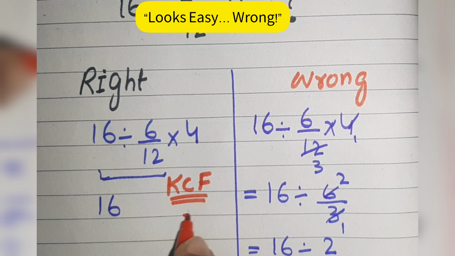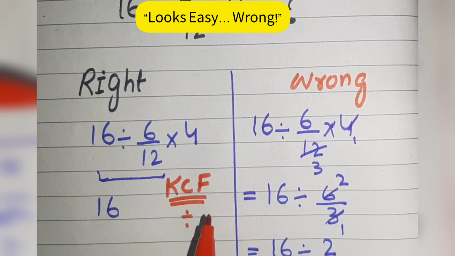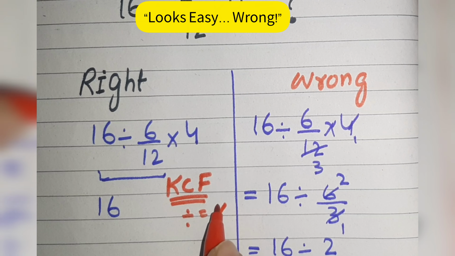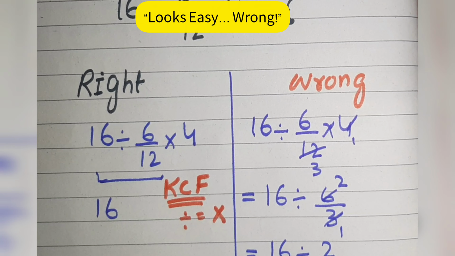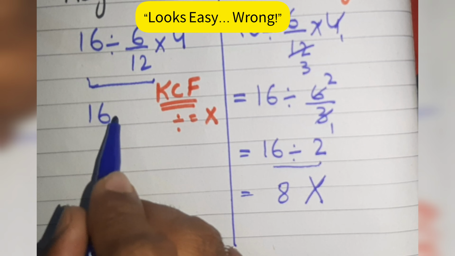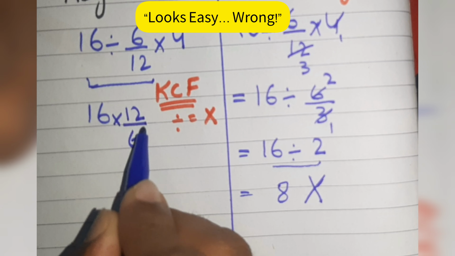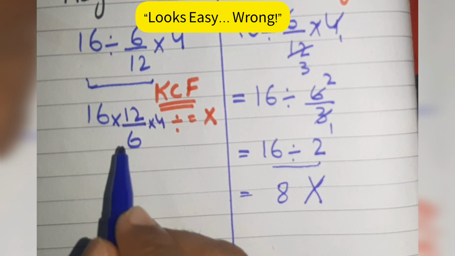KCF means divide, K for keep, C for change and F for flip. So divide converts into multiplication. Now 16 times 12 upon 6 times 4.